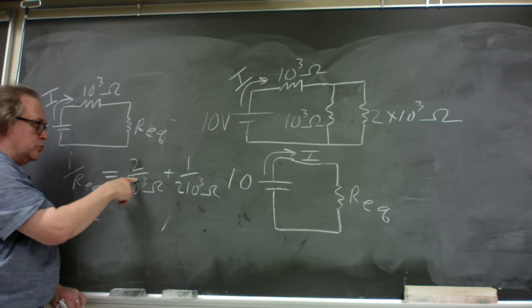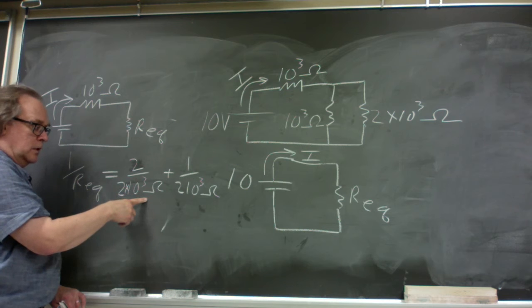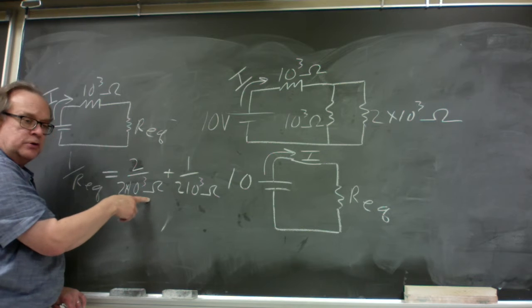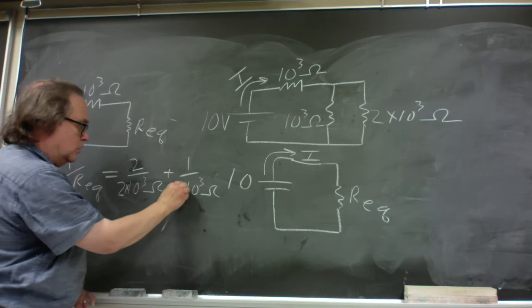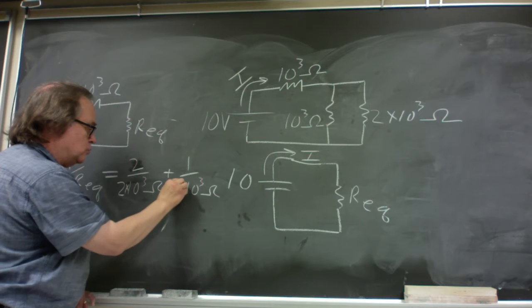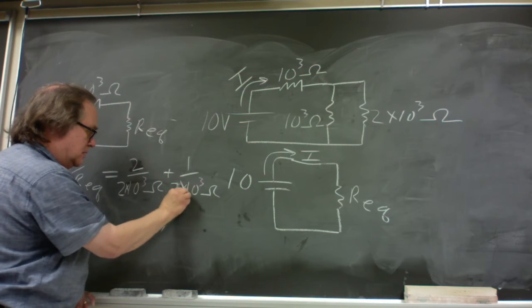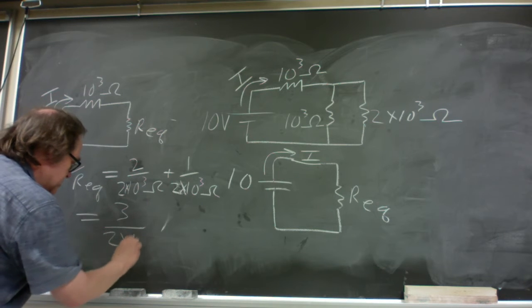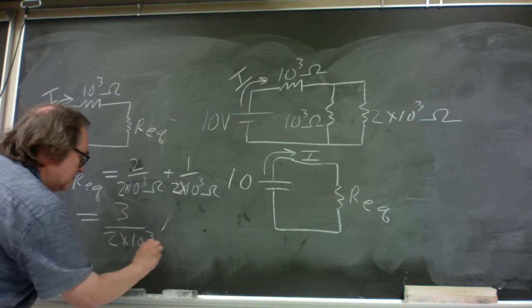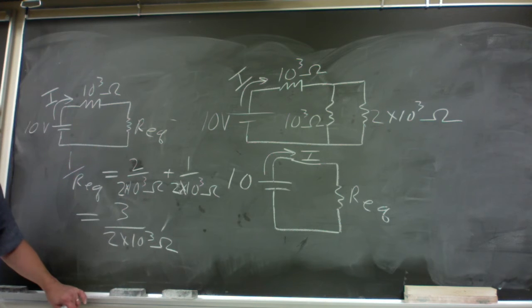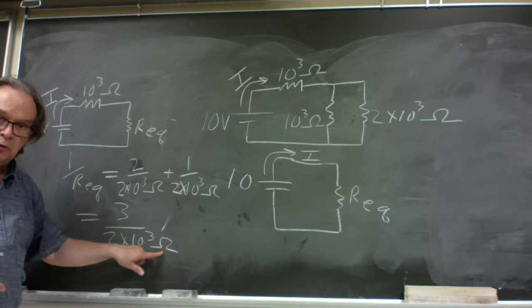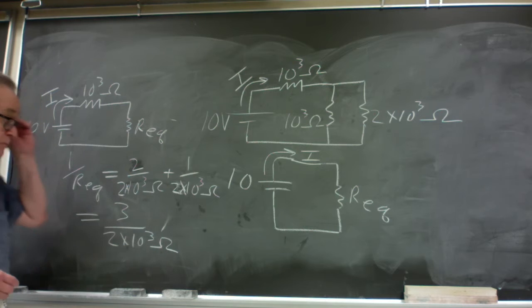So what do we get? We get 2 of these 1 over 2 times 10 to the 3s plus another 1 over 2 times 10 to the 3. So we've got 3 over 2 times 10 to the 3 ohms. Remember, that's the inverse of the equivalent resistance. And obviously, it's the inverse because you've got the unit label for resistance here in the denominator.